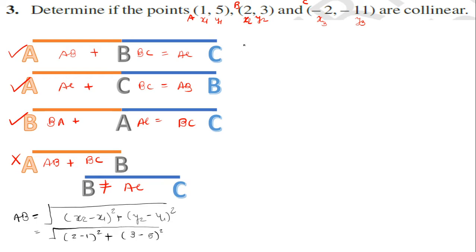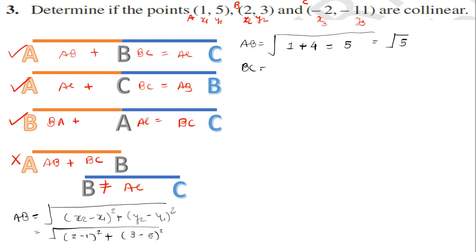It will give you AB equal to the square root of 1 squared, which is 1, plus 3 minus 5 is minus 2, and minus 2 squared is 4. So 4 plus 1 is 5, so AB is equal to the square root of 5. Now we have to find BC, so we have to find this distance.